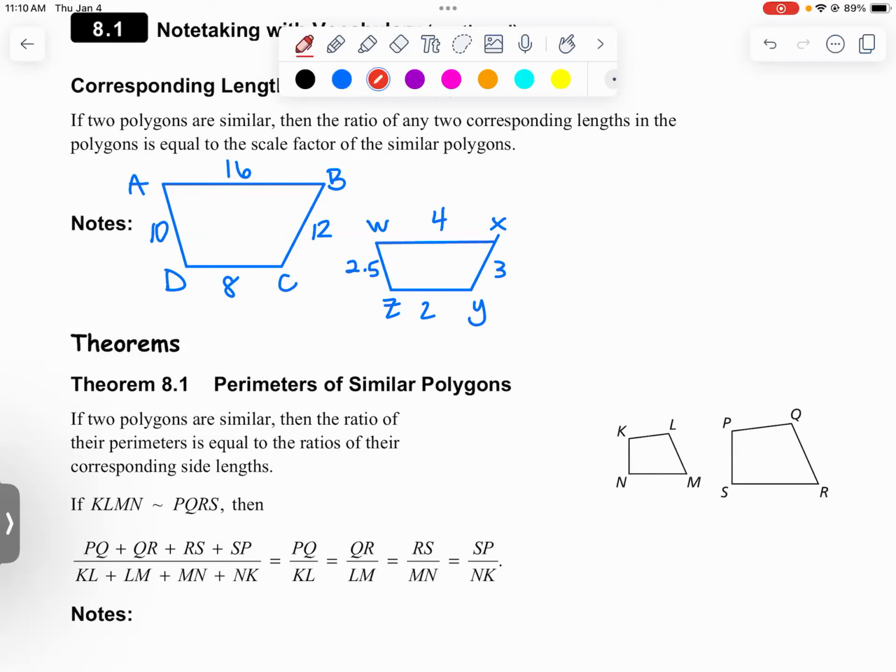Okay, so let's talk about the scale factor. Now we can talk about the scale factor from ABCD to WXYZ and back and forth.